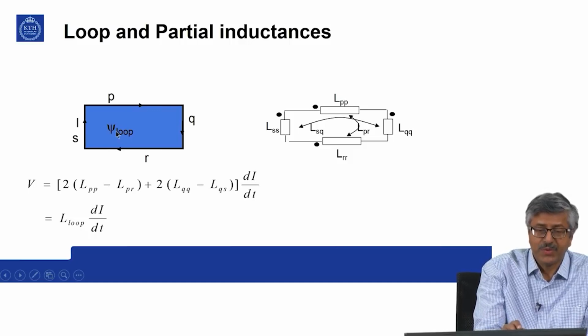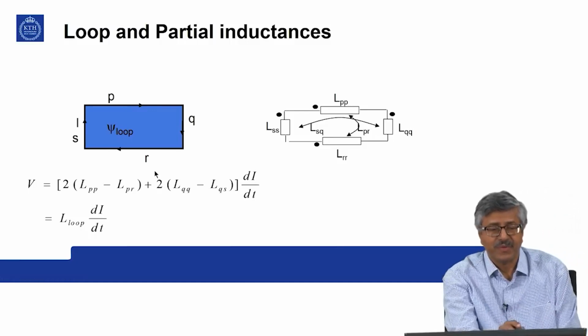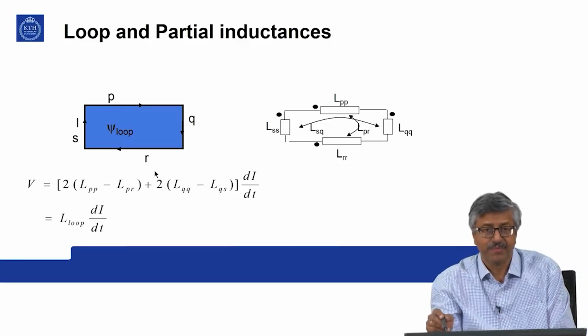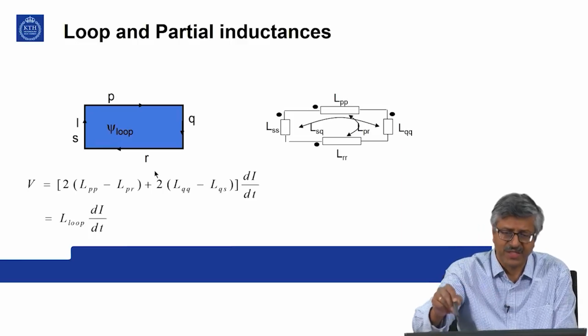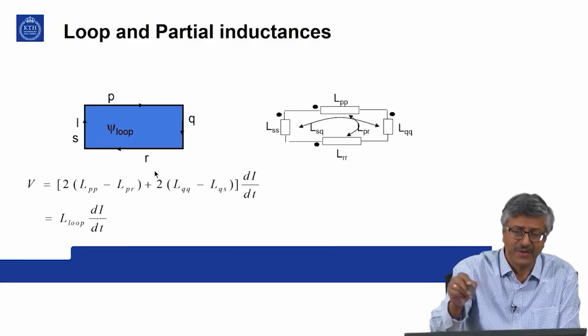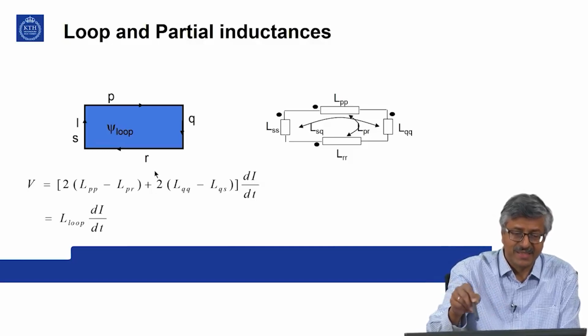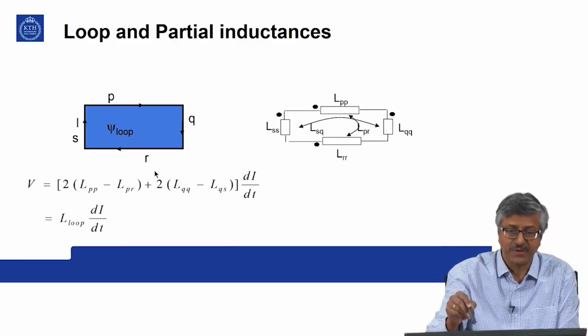The ratio is defined as the inductance, but sometimes the loop can be of irregular shapes, in zigzag fashion. So, it is very difficult to calculate exact area and exact currents, ratio of area to current.